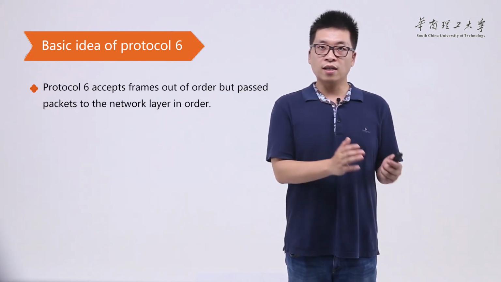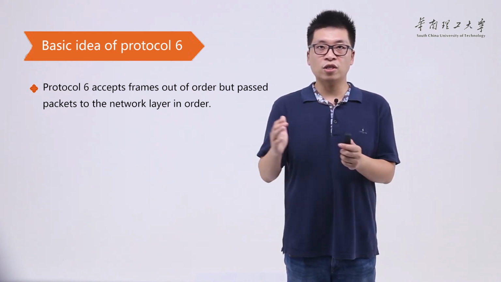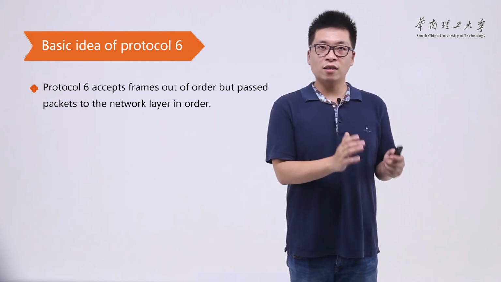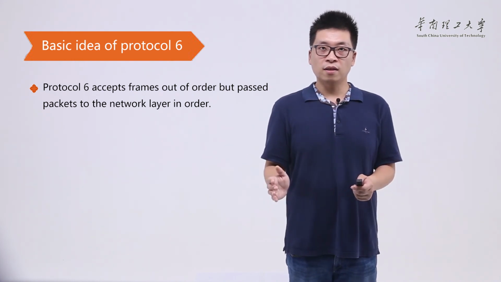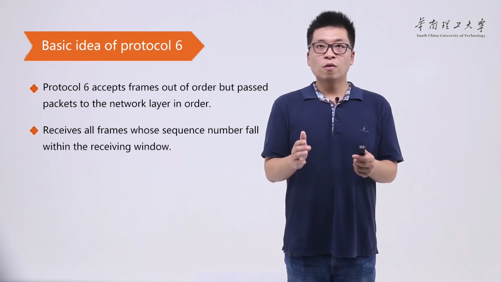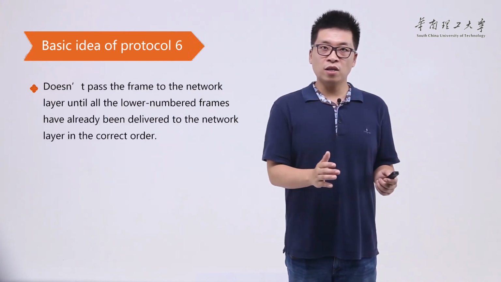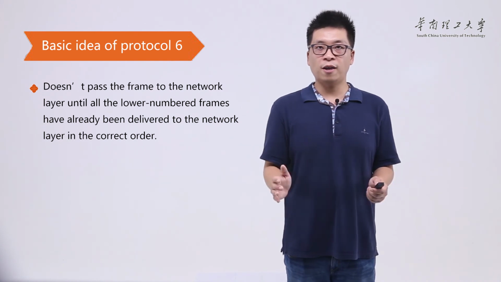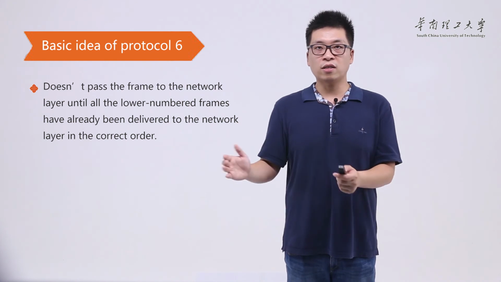Protocol 6 accepts frames out of order, but passes packets to its network layer in order, which means the receiver needs to buffer all the frames that are out of order but correct. When the receiver receives a frame whose sequence number falls within the receiving window, the receiver does not pass this frame to the network layer until all the lower numbered frames have already been delivered to the network layer in the correct order.